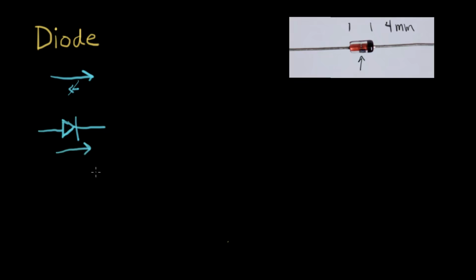Now, one way to understand how a diode works is to draw an IV curve for it. So let's draw an IV curve for a diode. If it was a perfect diode made in some unknown technology, what would happen is in the reverse direction, if the voltage across the diode was negative, we'll label the voltage this way.